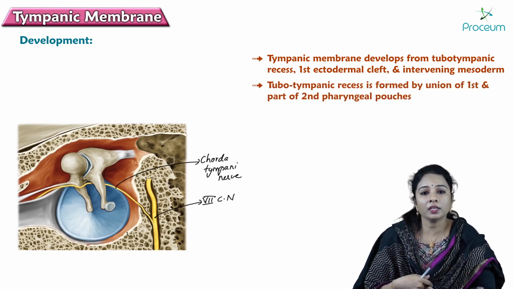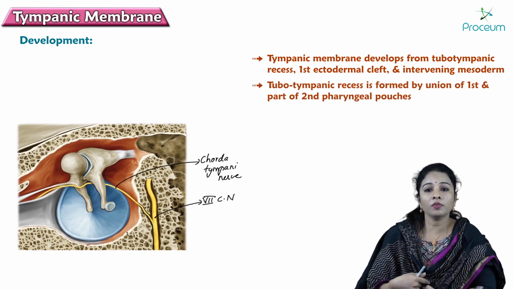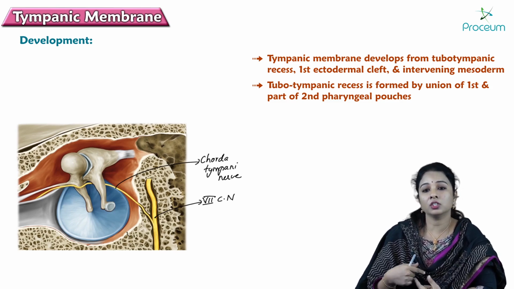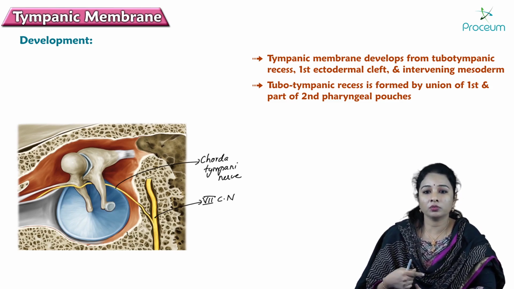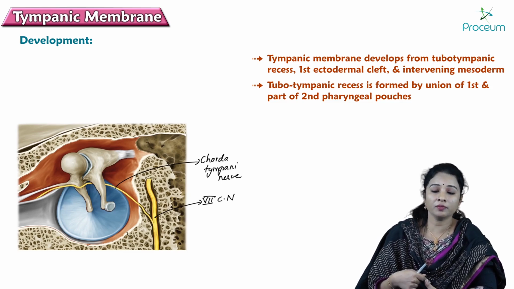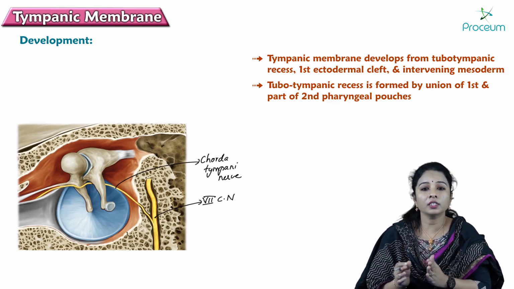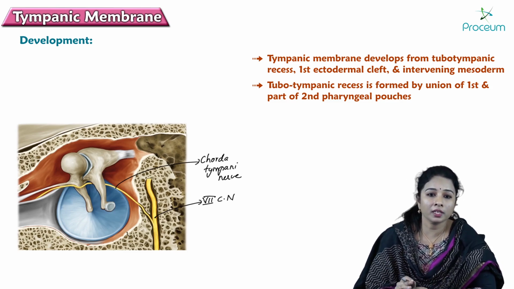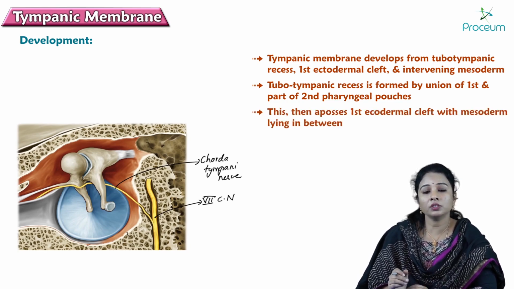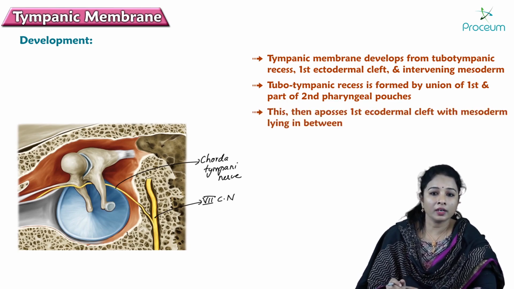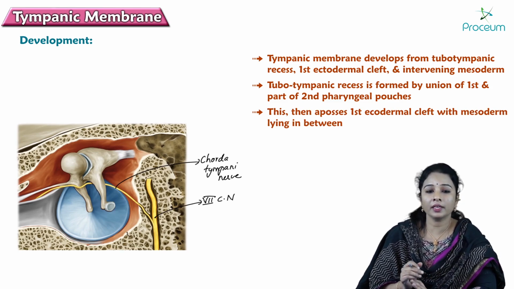So tubotympanic recess is formed by the union of first pouch, that is the dorsal and ventral wing of first pouch, and part of second pouch, that is dorsal wing of second pharyngeal pouch. Altogether they join to form tubotympanic recess. And then this opposes the first ectodermal cleft with the mesoderm lying in between.